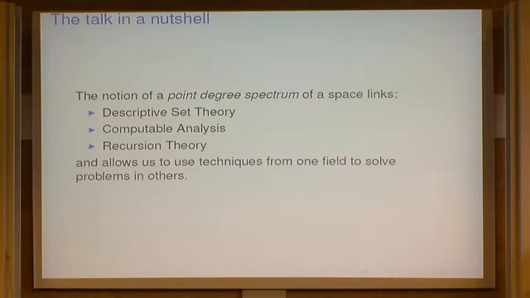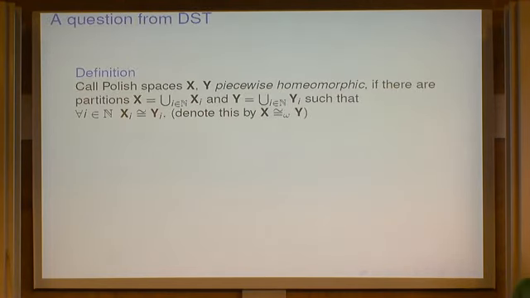My assumption is that the audience here will probably be most familiar with and interested in the descriptive set theory part. So I'm going to start with a particular question from there, which I can then show you the answer to. So let's restrict ourselves to complete metric spaces for now.